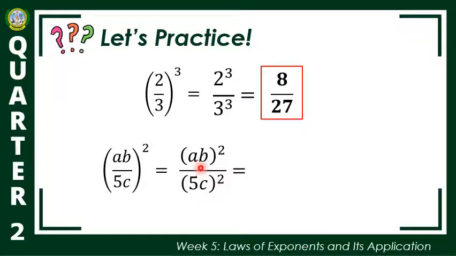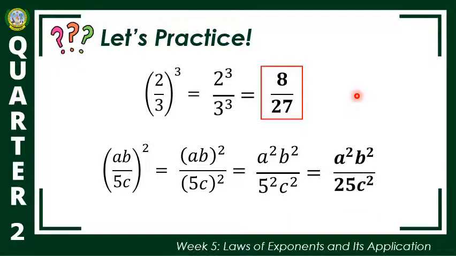Again, when we apply the power of a product, we simply distribute the exponent to each factor inside. So, this will give us a squared b squared divided by 5 squared c squared. And since yung 5 squared po ay constant, pwede natin siyang isolve. So, we will get a squared b squared divided by 25c squared. And this will be our final answer.